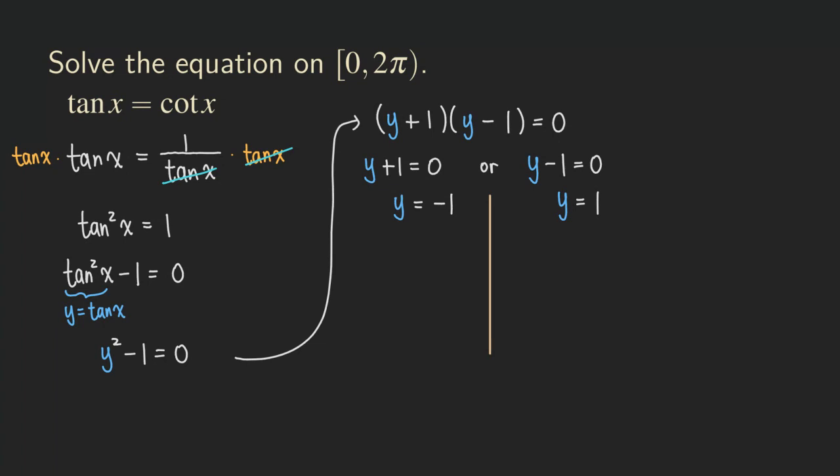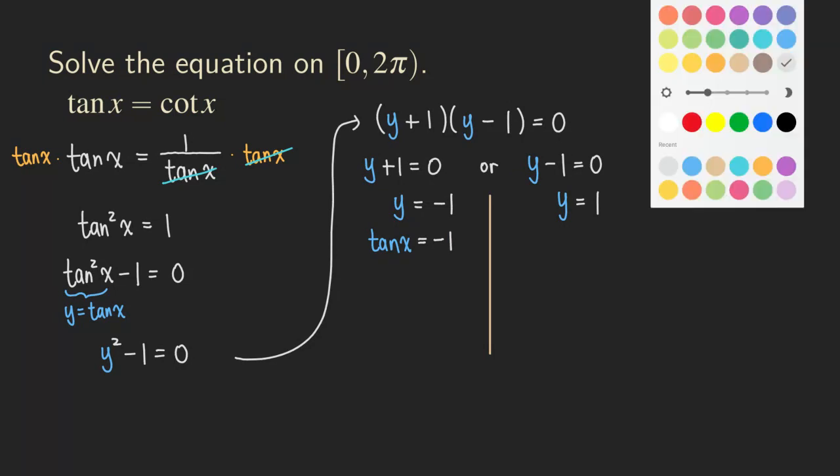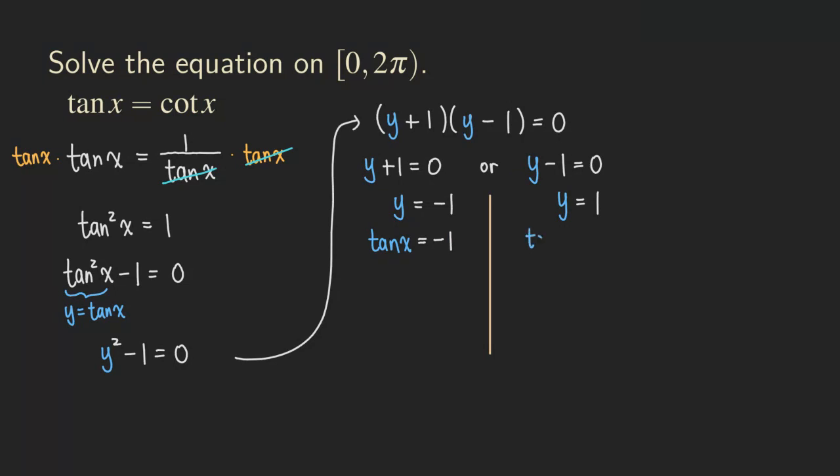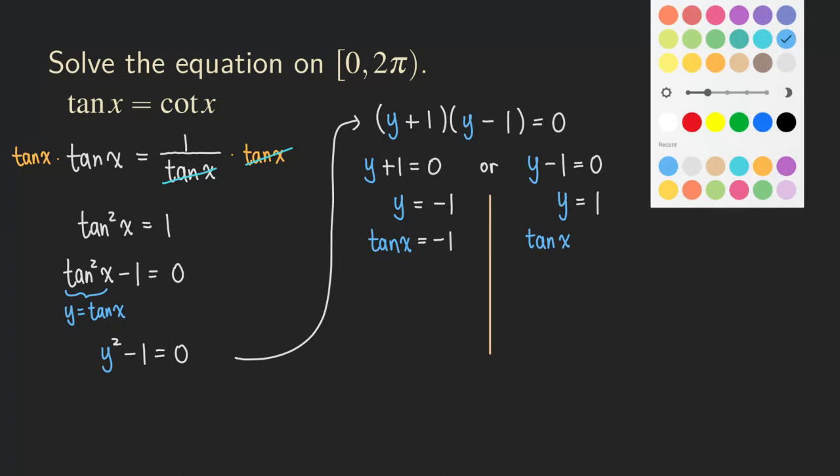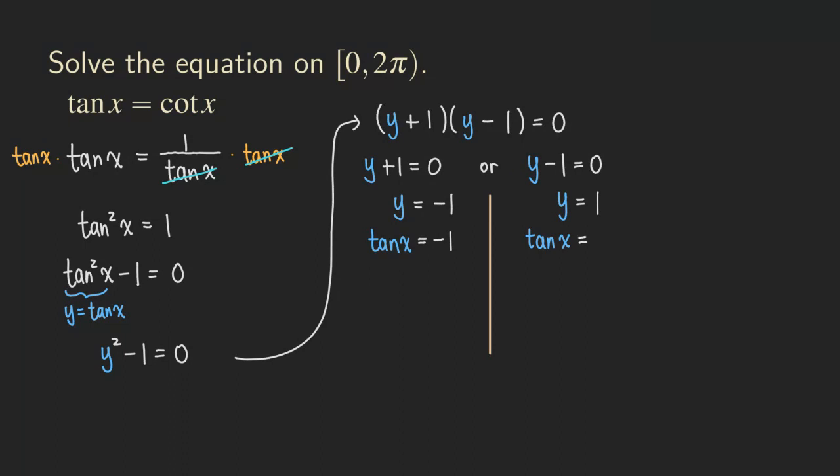Because y is already isolated, we can replace y with our original function, tangent x. Now it becomes tangent x is equal to -1, and the other one is tangent x equal to +1.